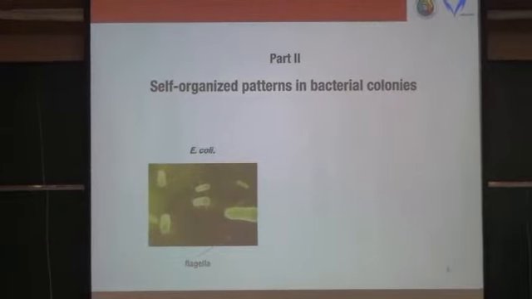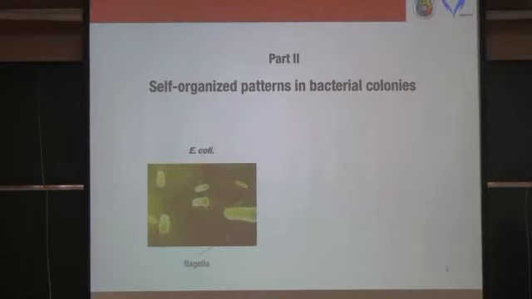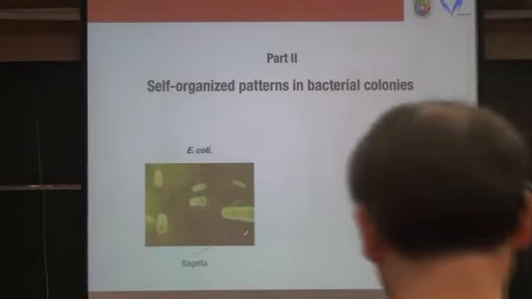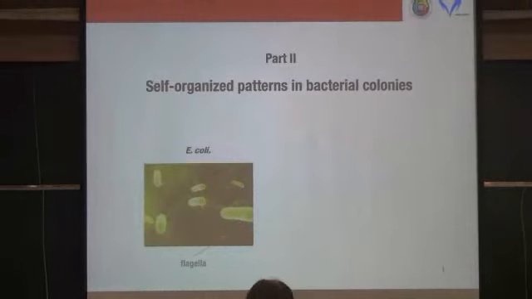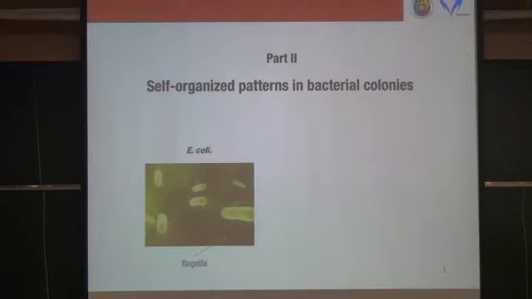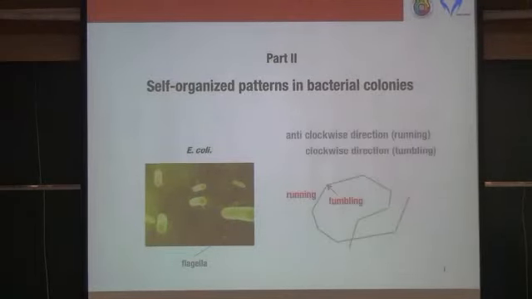So this is E. coli, a typical bacteria. And each bacteria has a flagella, okay? And they can move by using this flagella. And then there are two ways to move.